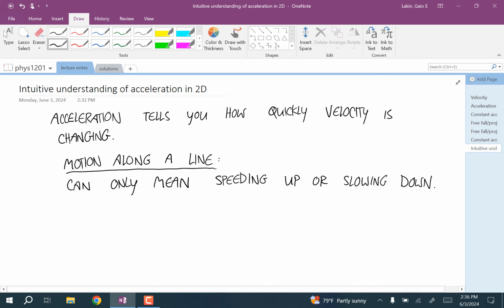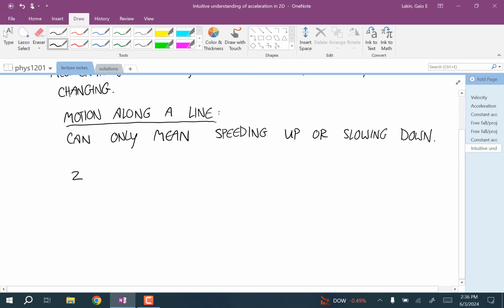But since velocity has a direction, when you get into 2 dimensions and 3 dimensions, you can have the velocity changing even if the speed is not changing. It's a hard thing to get used to. So in 2-dimensional motion, it can mean either one or both of these things.